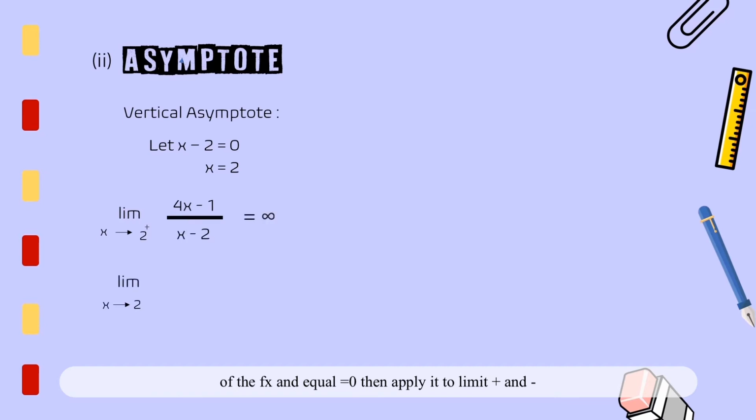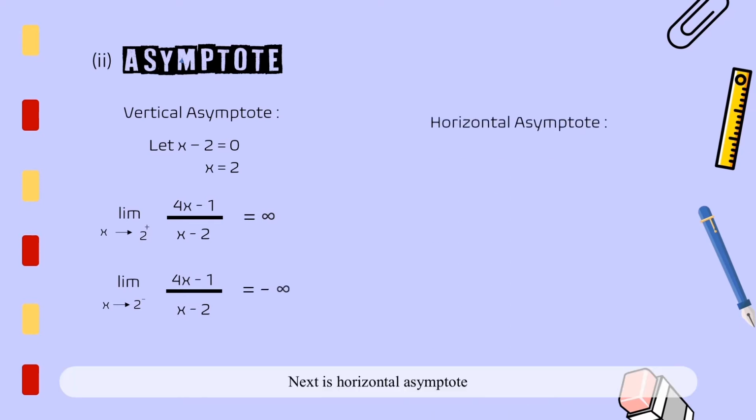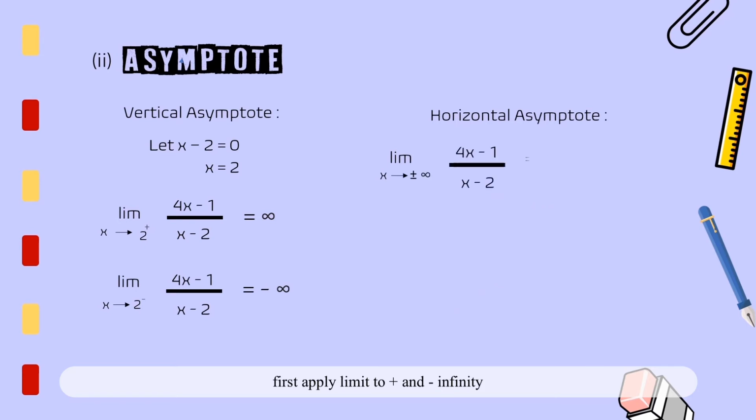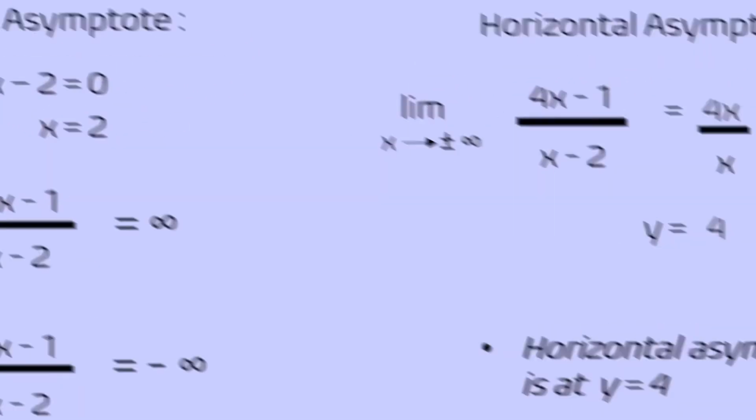After that, you need to apply the limit to positive and negative for the function. Next, horizontal asymptote. First, apply the limit to positive and negative infinity for the function, and we will get y equal to 4. Then, if we get infinity over infinity, find the highest variable and divide it with all.